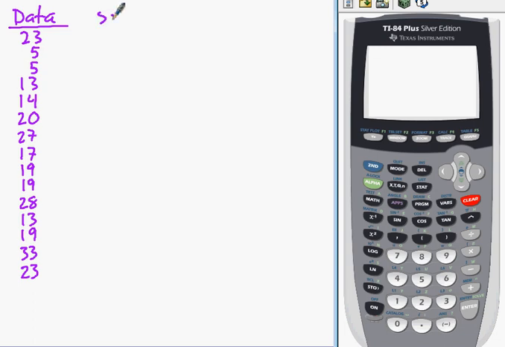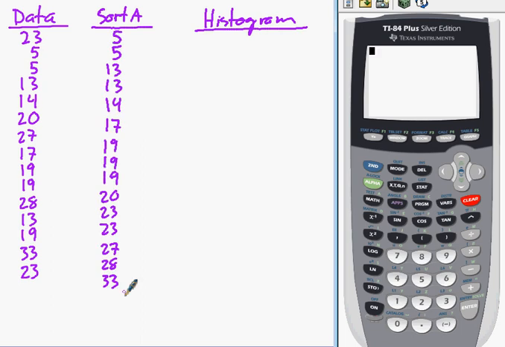One is I'm going to sort this data in ascending order, and I'm going to draw a histogram of this data, and that will give me a good visual on how the data is distributed. Now, here's the data sorted in ascending order. So you can already kind of get a sense of where the center is likely to be. It's probably going to be in this area.